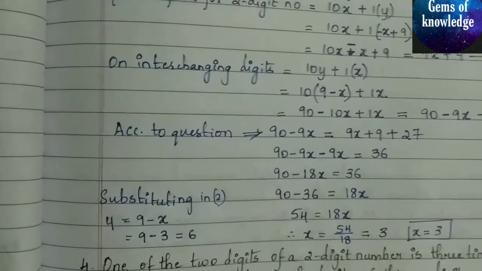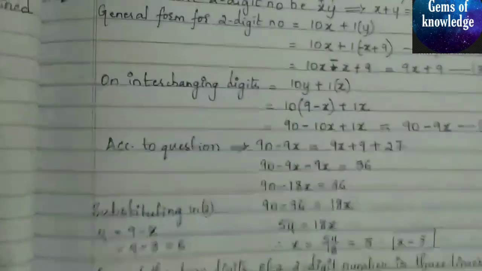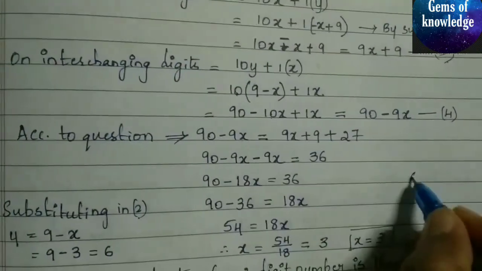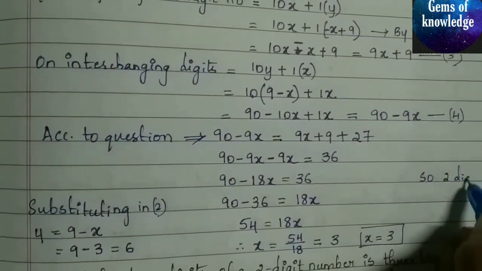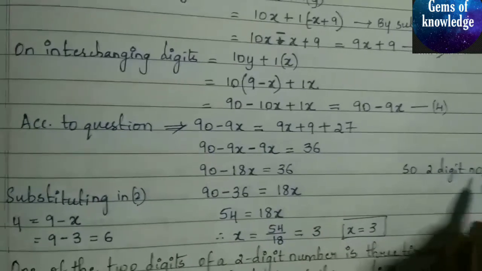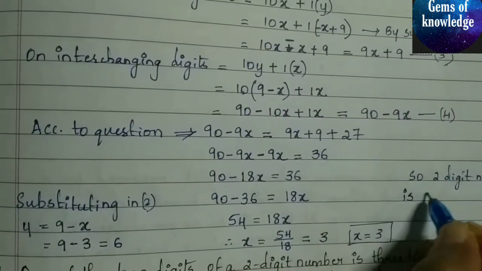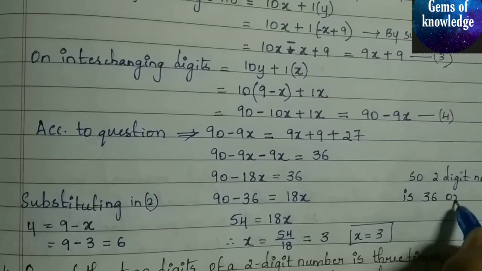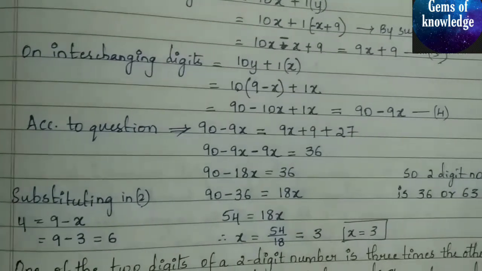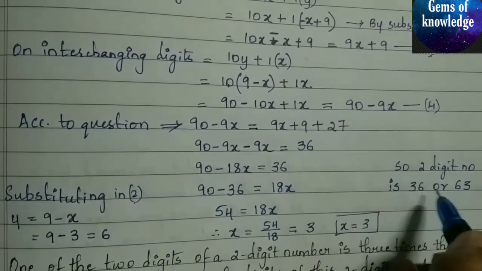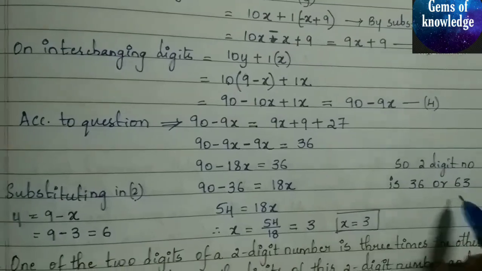So our 2-digit number is either 36 or 63.